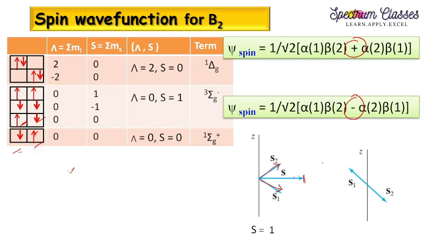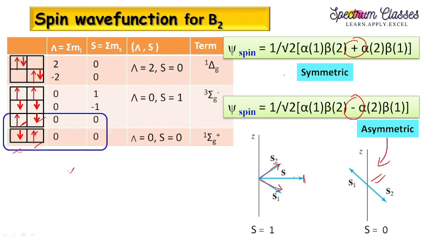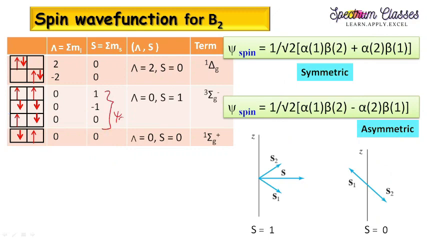Now, this one is an antisymmetric wave function. So this antisymmetric represents this situation and this symmetric represents this situation. For these three situations we have symmetric spin wave functions, and for this one we have an antisymmetric wave function. So for these three psi spin is symmetric, and here psi spin is antisymmetric.